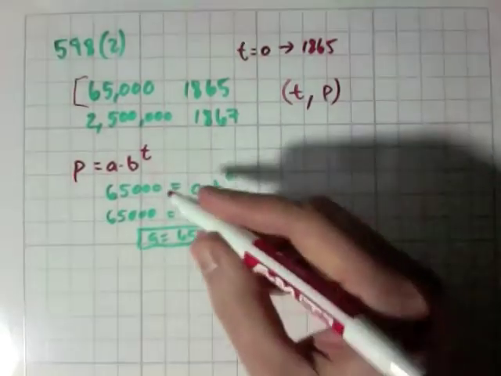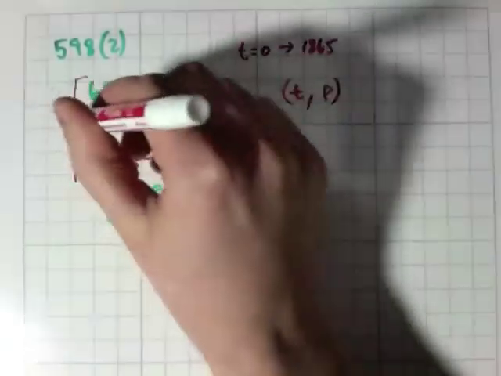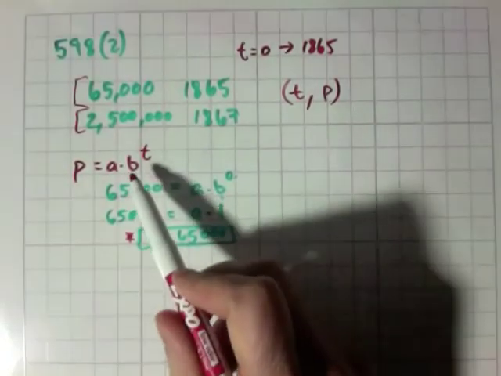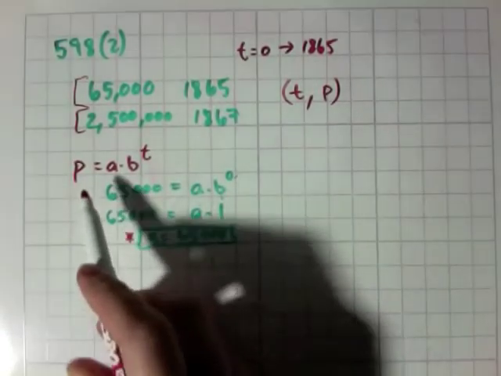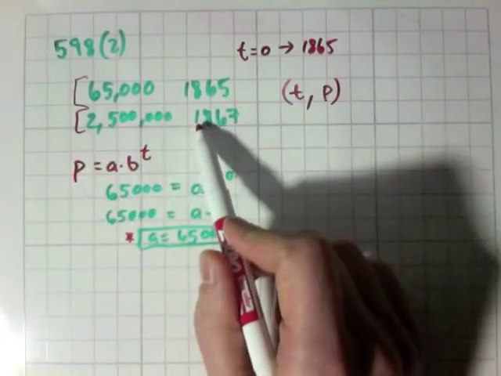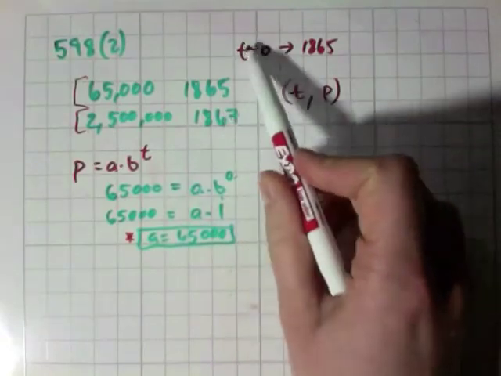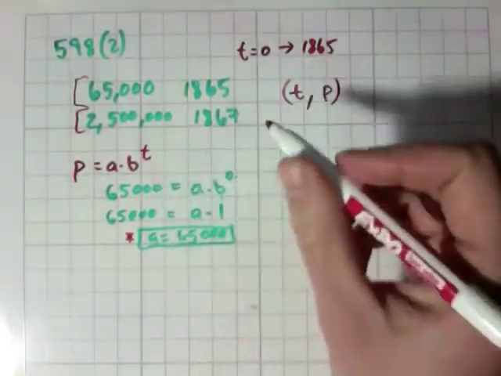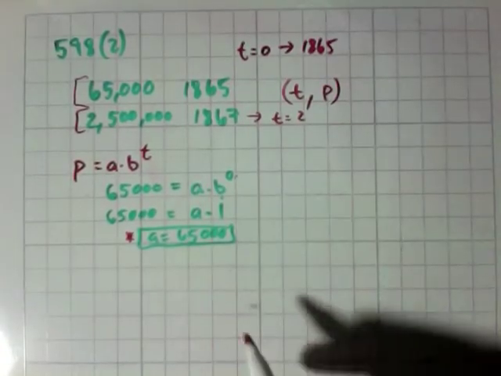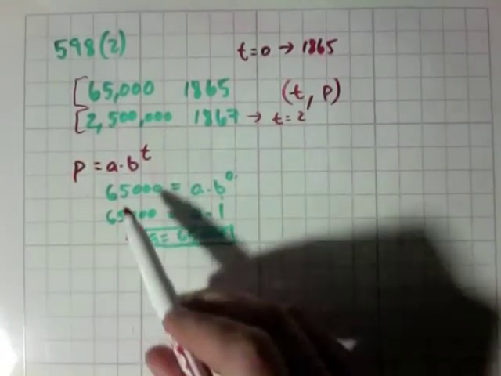Now, combining this and our other fact, I may be able to figure out the value of b. So once again, I'm going to plug it into the same exact model. I'm just plugging in this for my population. For 1867, I'd have to consider years since 1865, so that's going to translate to t equals 2 for us, and I'll plug in 65,000 for a.